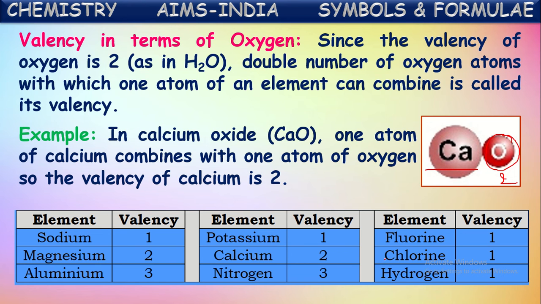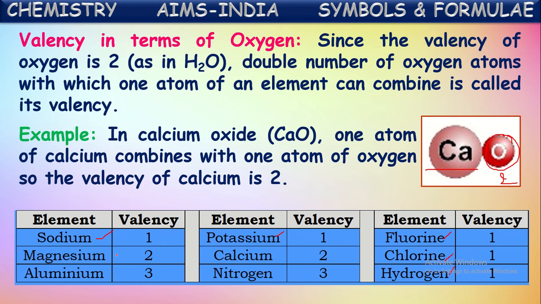Sodium, potassium, fluorine, chlorine, hydrogen, nitrogen, calcium. Observe these once. Some elements are having a single valency, and they are called monovalent elements. Mono representing one. Monovalent means elements with a single valency. So sodium, potassium, fluorine, chlorine, hydrogen, these are called monovalent elements.